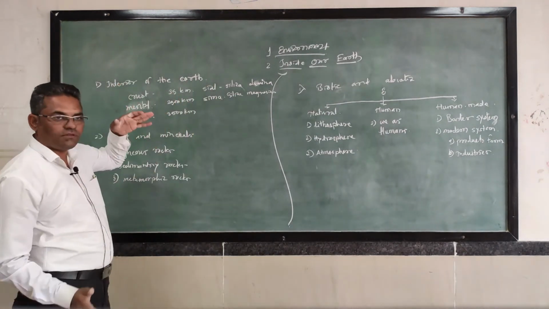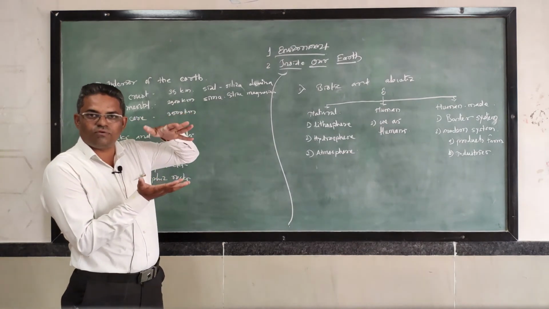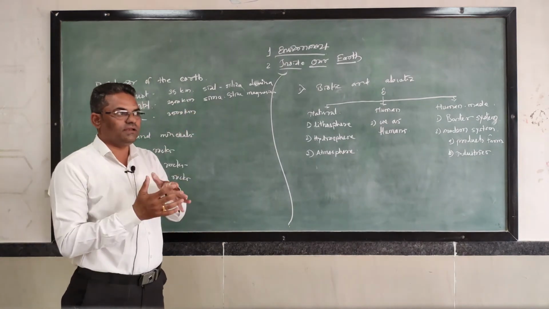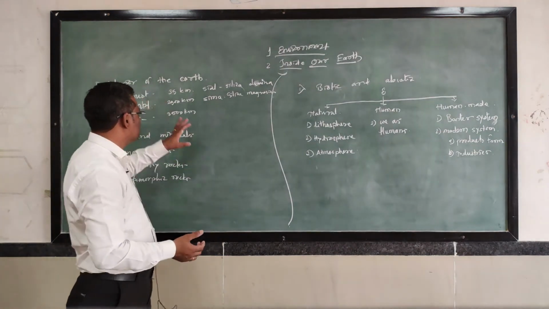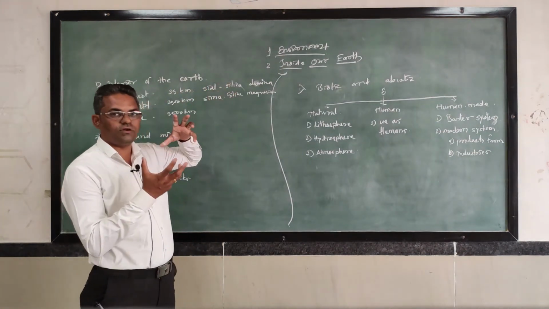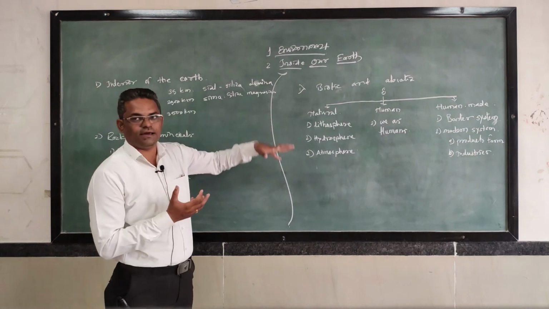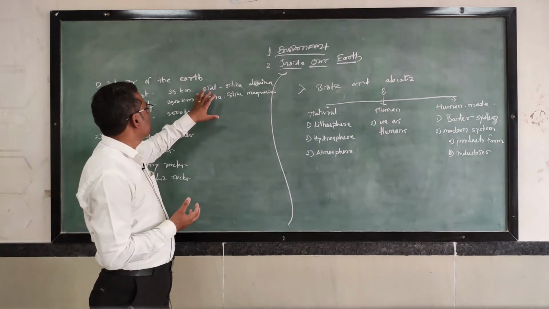Crust is the first layer of the earth that we are walking on, we are standing on. It extends up to 35 kilometers, and it is mainly constituted of silica and alumina, so it is also called Sial.